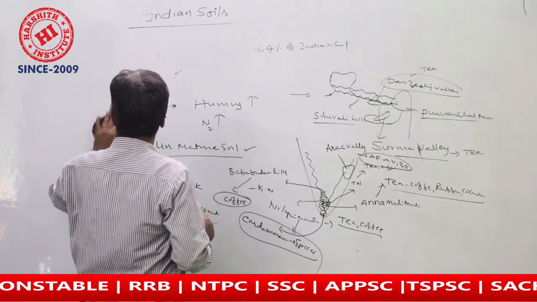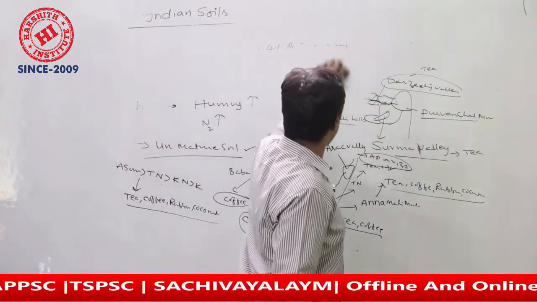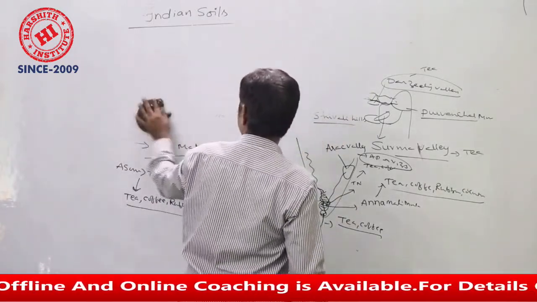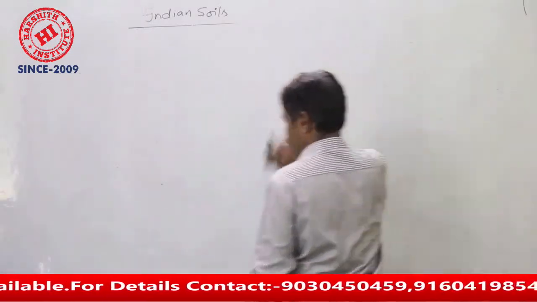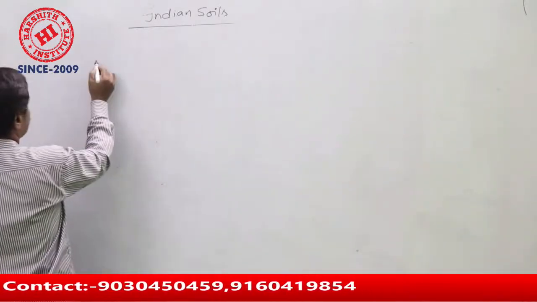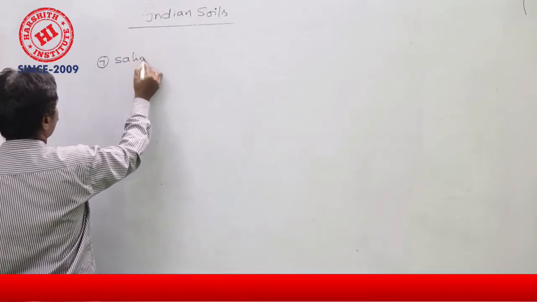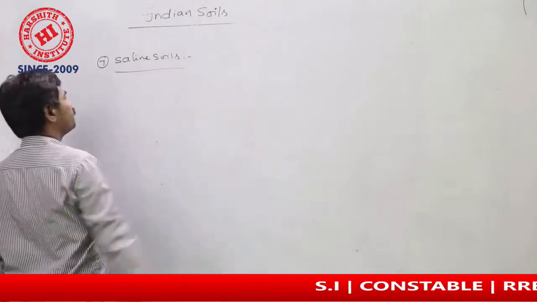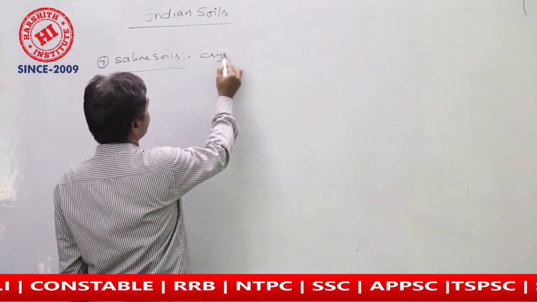The seventh one is the saline soils. Another name for saline soil is crystal soil.